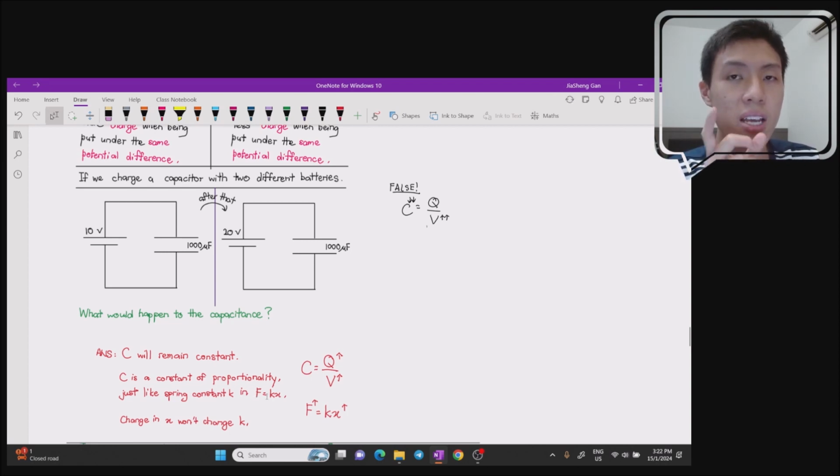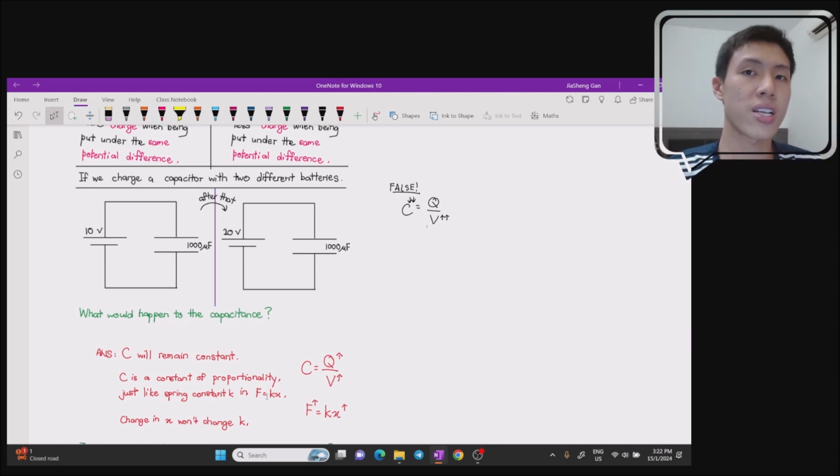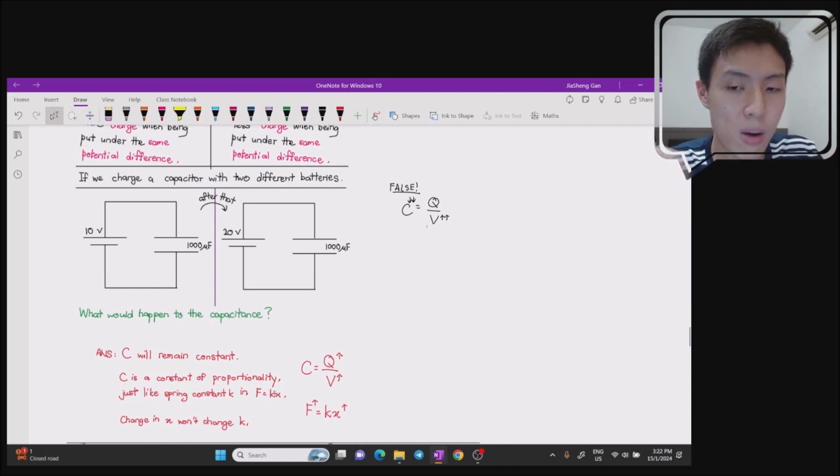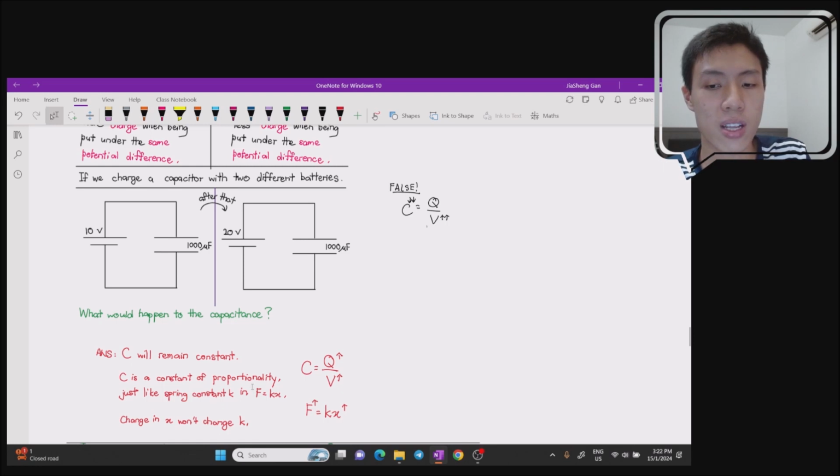The K depends only on the physical properties of the spring, whether it's a longer spring, a shorter spring, a larger diameter spring, a smaller diameter spring. The physical properties of a spring dictate K. How much you stretch it or compress it won't change the K. So when you change your x by stretching it more or less, you are only affecting the restoring force of the spring. You are doing nothing to the spring constant.